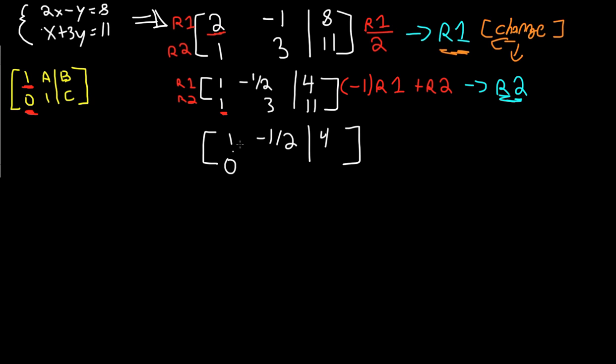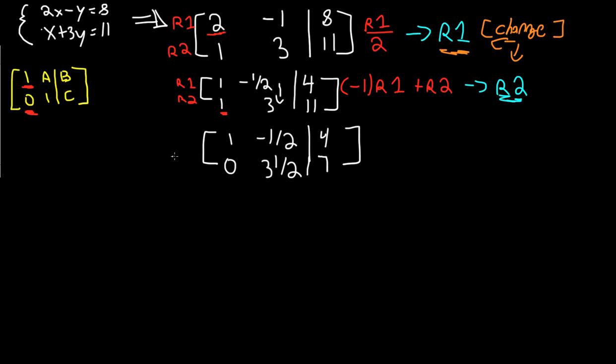That's 0. Let's go to the next one. -1/2 times -1 is 1/2. Plus 3 is 3.5. And what is -1 times 4? -4. -4 plus 11. 11 minus 4, 7. This is 7. Oops, that is not a 7.